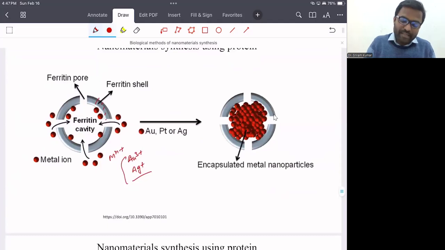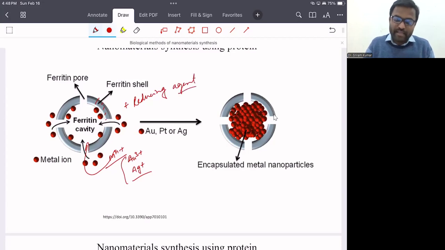So these metal ions enter through the channel inside the ferritin protein, and in the presence of reducing agents. So here, the metal ion enters inside the ferritin, and if we add a reducing agent here, what happens? The metal ions get reduced. So what happens?